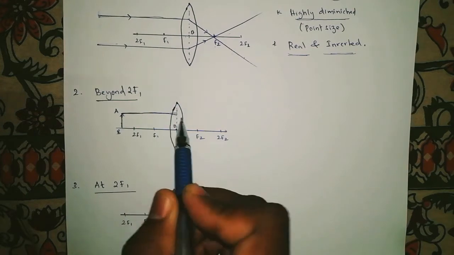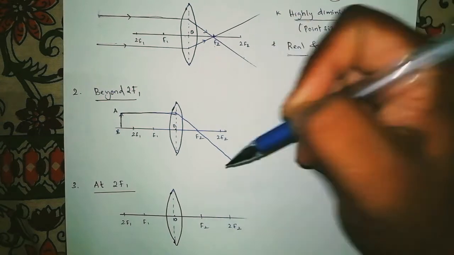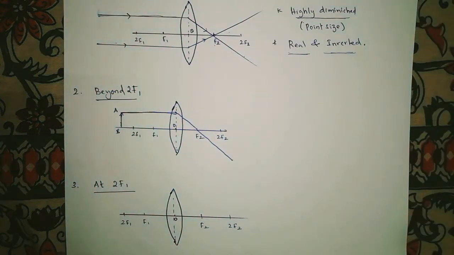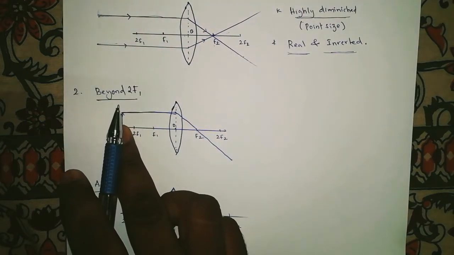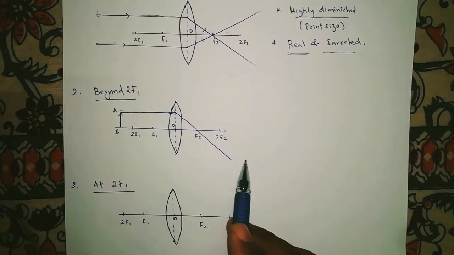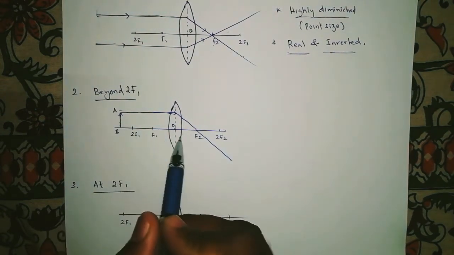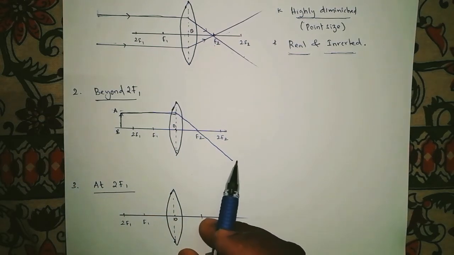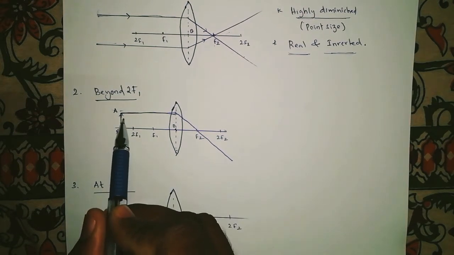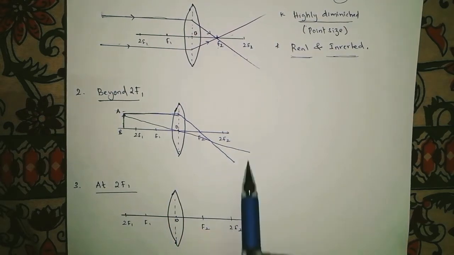Parallel to the principal axis, and then it goes through the focus. Clear? And the second thing, as I told you, you have to see two types. One ray comes here like this, another type of ray comes directly towards the optic center. So when it comes directly to the optic center, it goes like this, right? Yes, it goes like this.